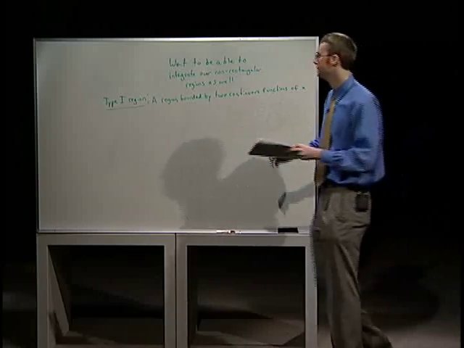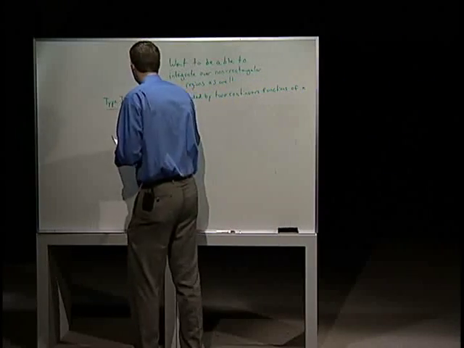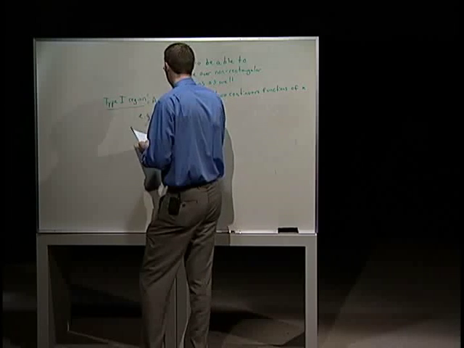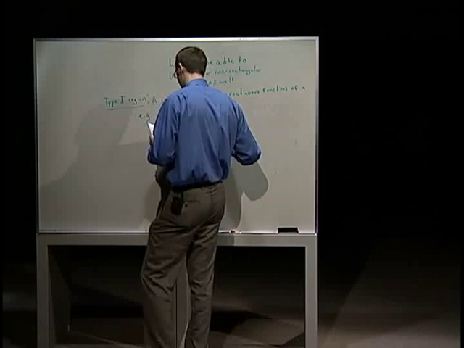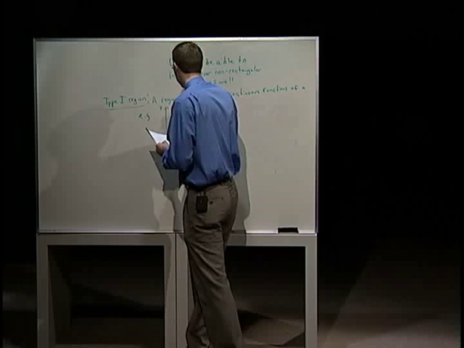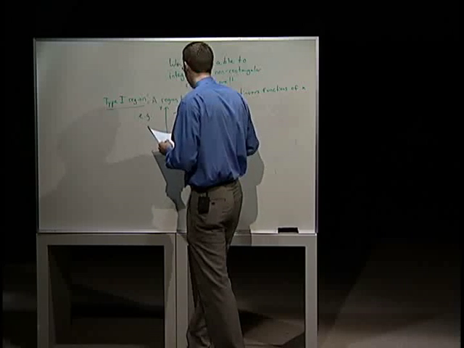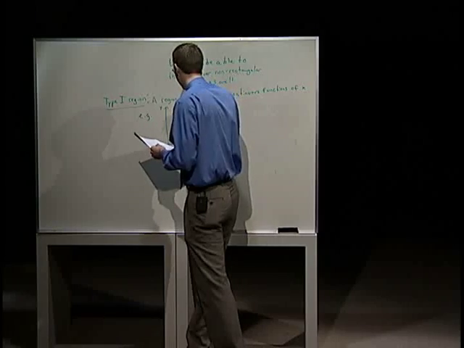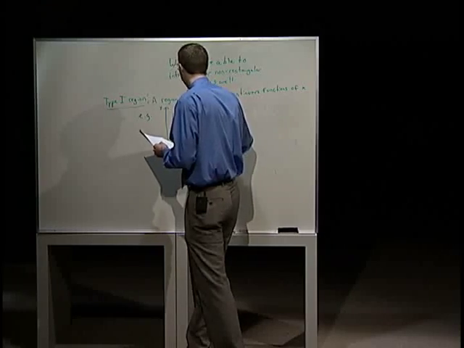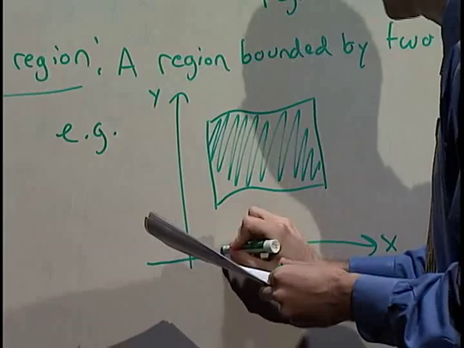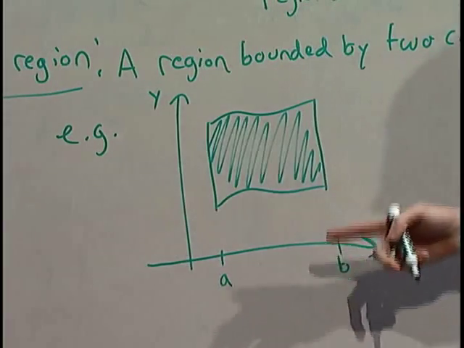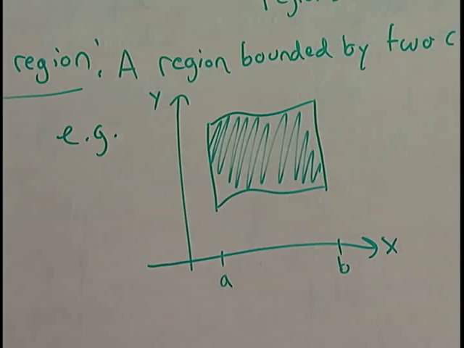So for example, how would this look pictorially? There's the xy plane. Maybe you have those two functions. You want to integrate over that region, right? So your x limits are constant, right? There's some constant a and b x limits.